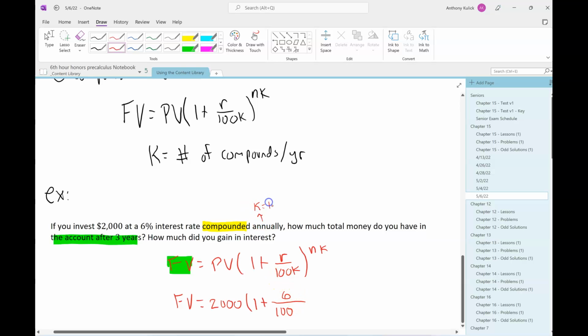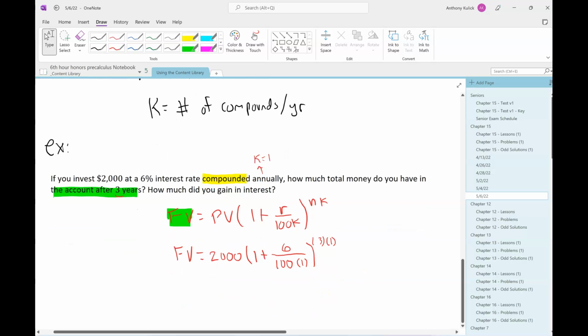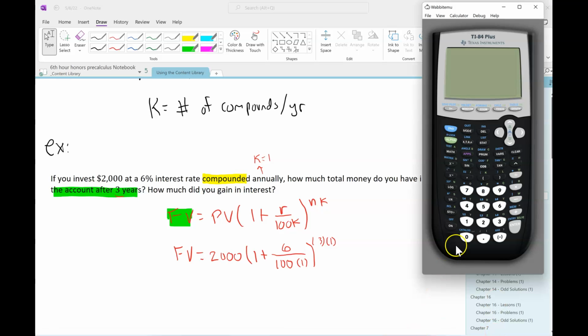Hopefully you realize that annually means 1 time per year. And then what's my value for N? 3. So this is almost the same situation as the previous one, but instead of using simple interest, we're using compound interest, right? But all the rest of the parameters are the same. Let's see how much of a difference this makes.